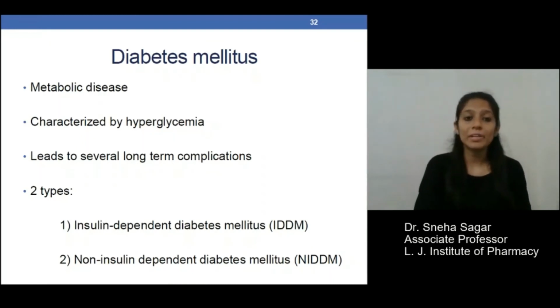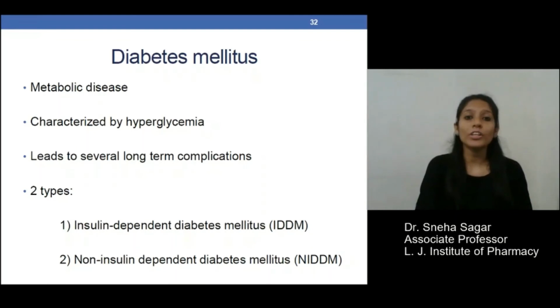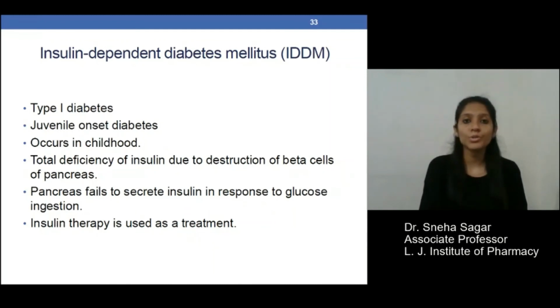Generally, diabetes mellitus is divided into two different types, insulin dependent diabetes mellitus and non-insulin dependent diabetes mellitus. Insulin dependent diabetes mellitus is juvenile onset diabetes, also known as type 1 diabetes, which generally occurs in childhood.